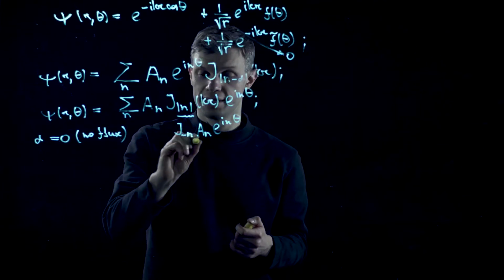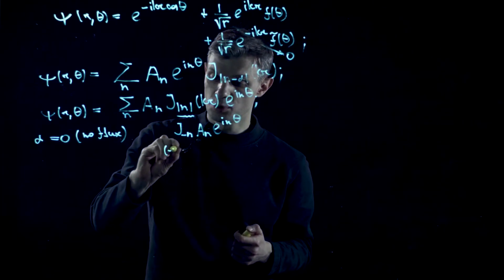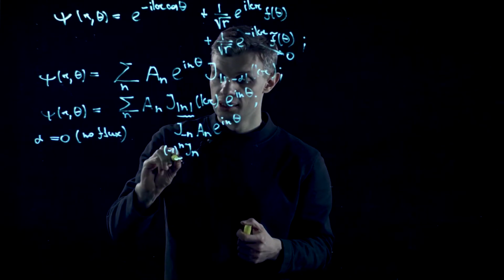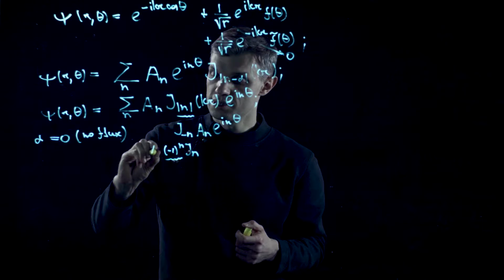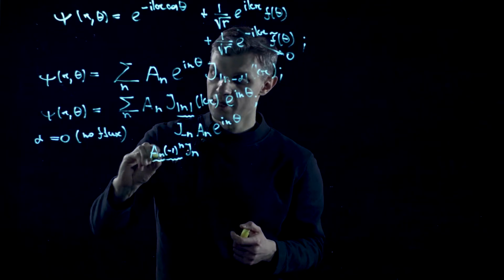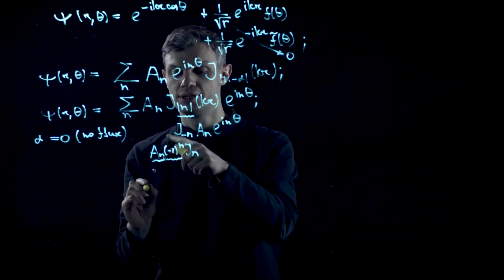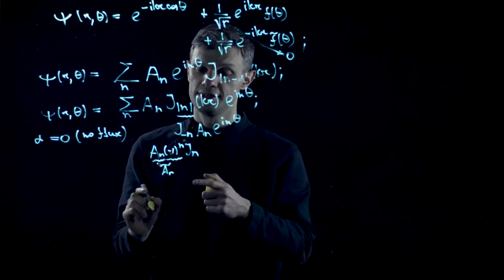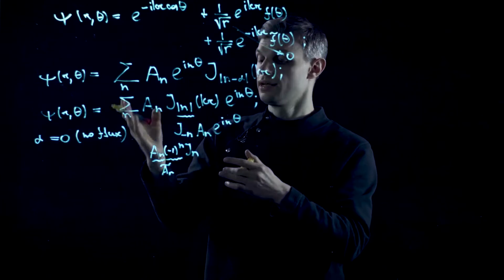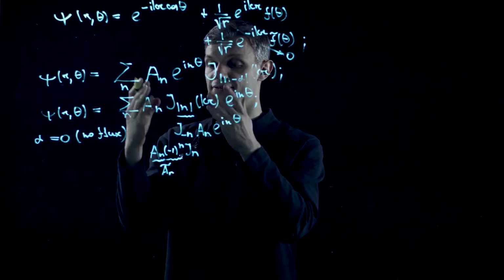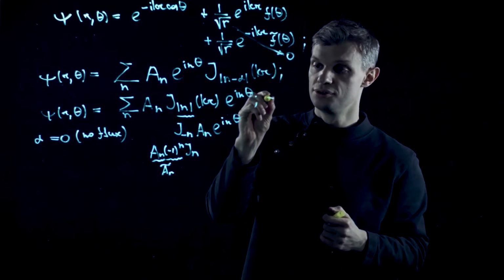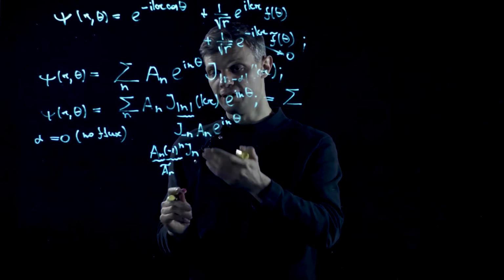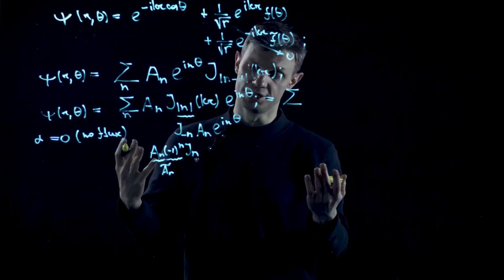But J minus n is actually negative 1 to the n times J n. So now we can denote this product a n times negative 1 to the n as a n prime, and as a result, for negative n the sum will have the same look as for positive n. So let's drop this modulus n in the index of the Bessel function. It actually simplifies things just a little bit.